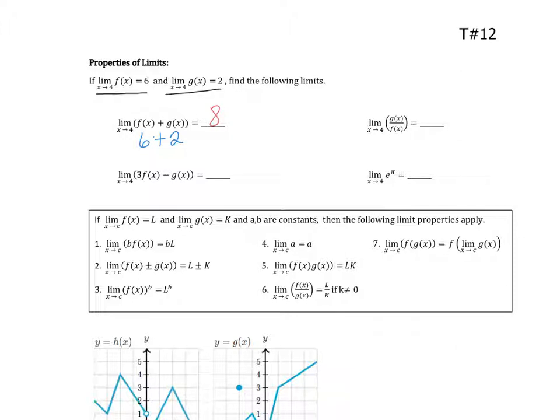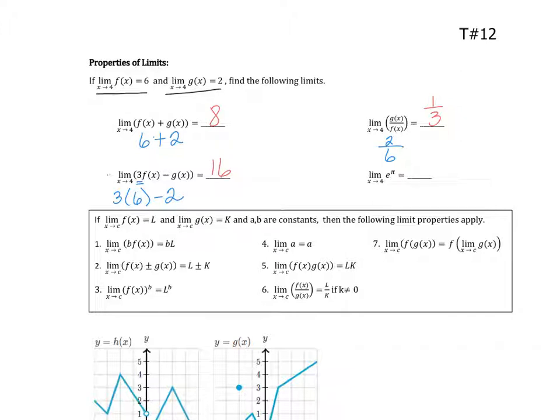If I said take the limit as x goes to 4 of g over f, you kind of guess, well, I'll take the limit of g over the limit of f and get 1/3. Yes, sir. With this one here, I have a multiple and a subtract, so 3 times the limit of f minus the limit of g. Yep.